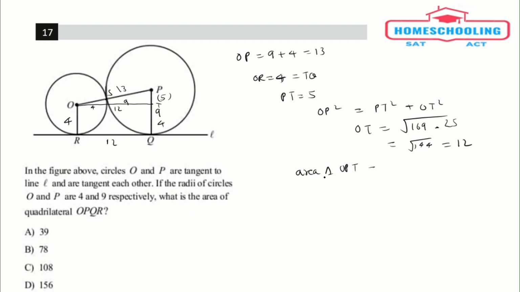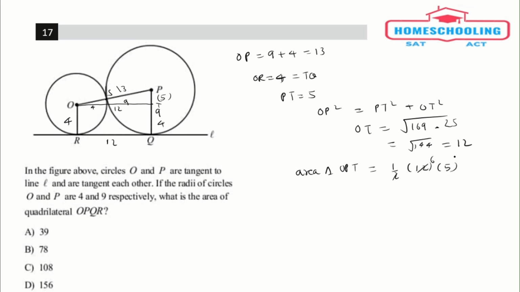The formula would be half into base into height. Base is this one, 12, into height, that is 5.